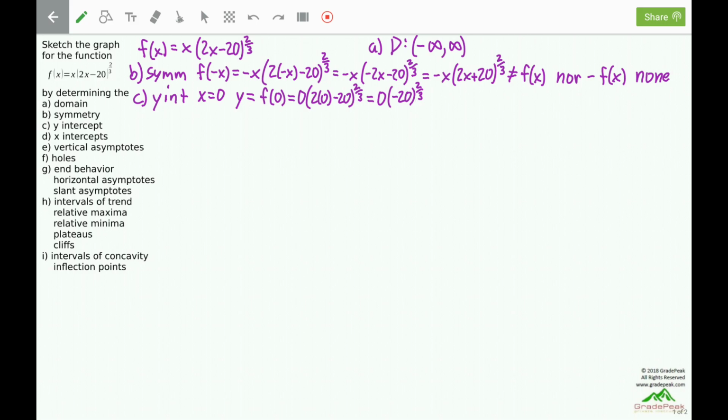A negative is allowed inside of a 2/3 power because the denominator of the 2/3 power is the root, and it's an odd number, and an odd root of a negative number is just a negative number. 0 times anything will be 0, so we have a corresponding y-coordinate 0. We have an x-coordinate 0, we find a corresponding y-coordinate also of 0, and it passes through 0, 0, the origin.